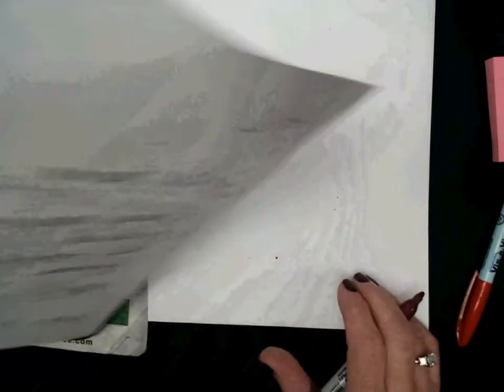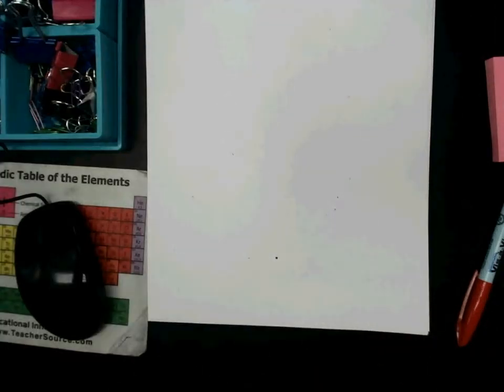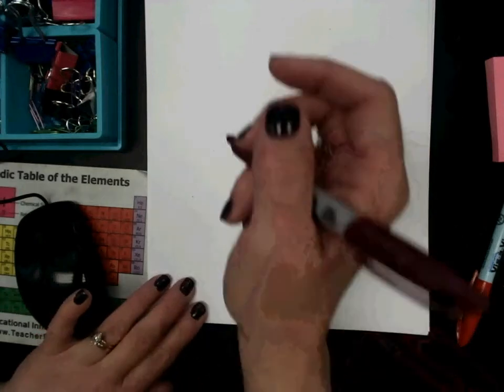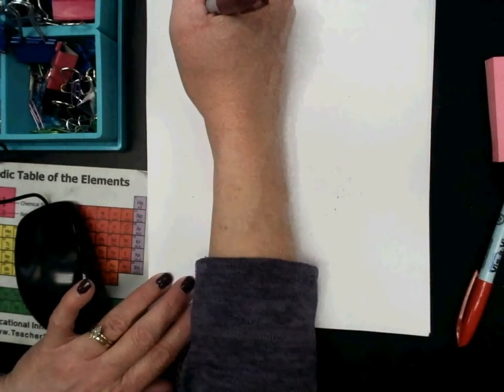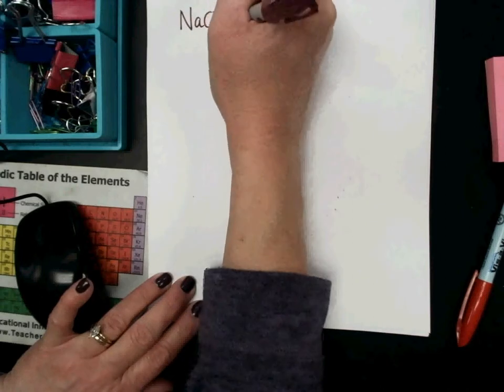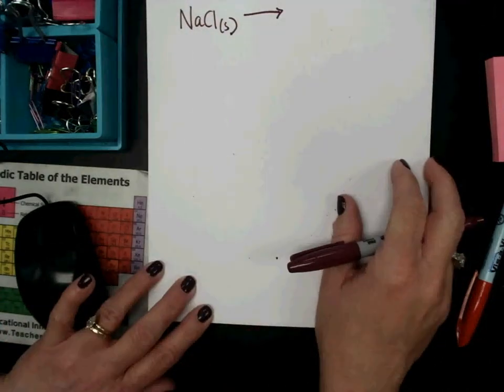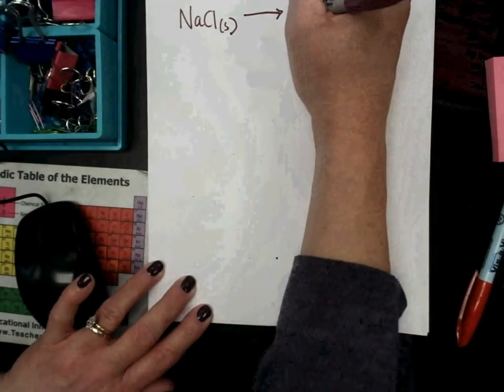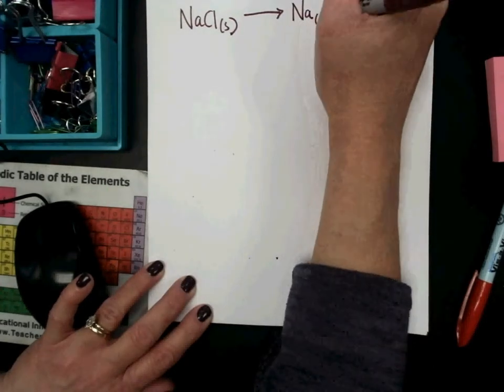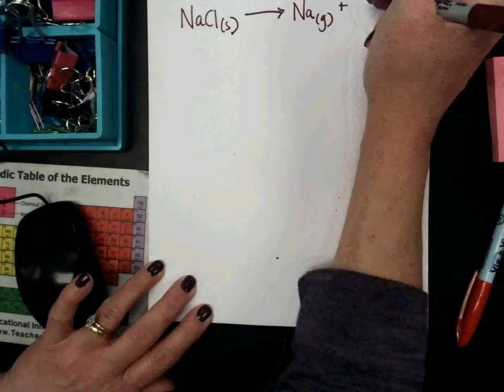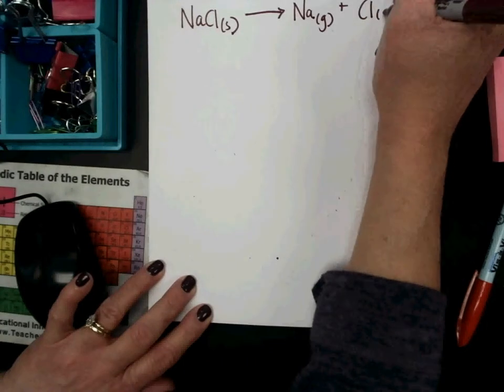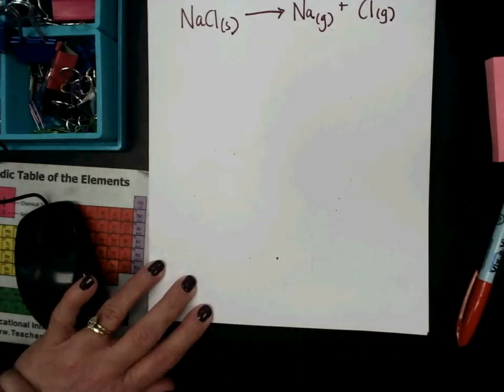Now I can take that, and if you were going to see it as a chemical equation, it would look like this. NaCl in solid form undergoes a change, and I end up with Na in gaseous form, and I end up with my chlorine in gaseous form.